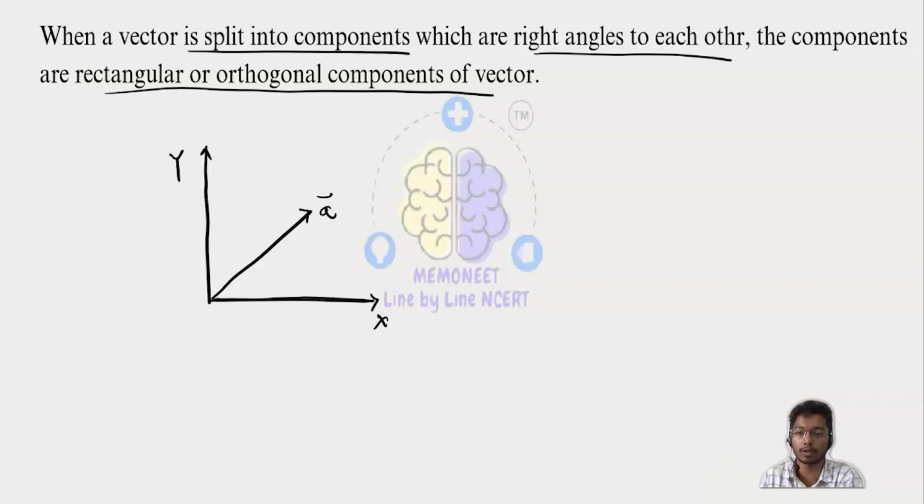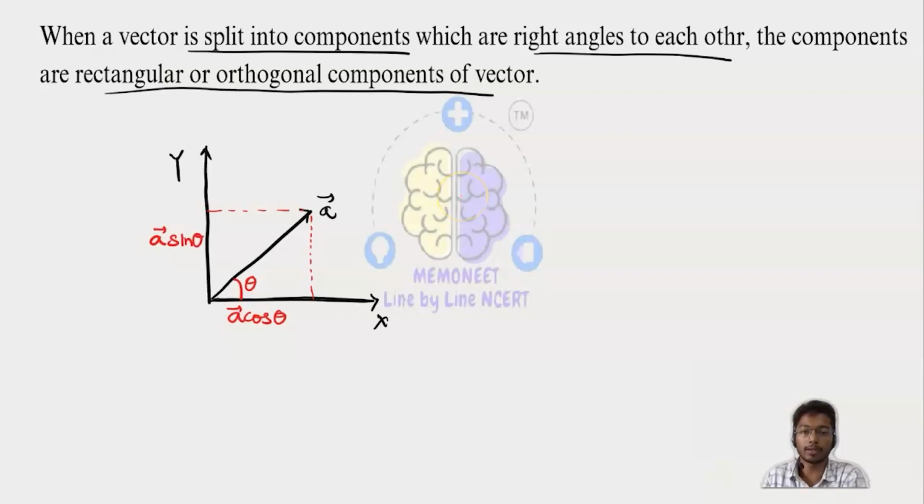If we want to represent the vector on the x-axis, we just take the projection. Let's say the angle is theta, it will be A cos theta, and the projection on the y-axis will be A sin theta.